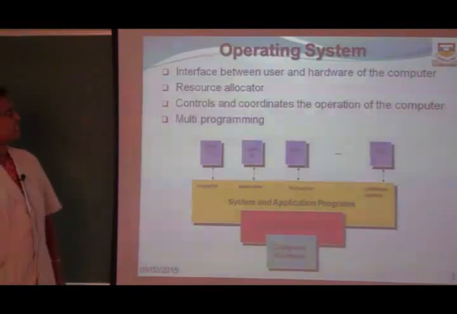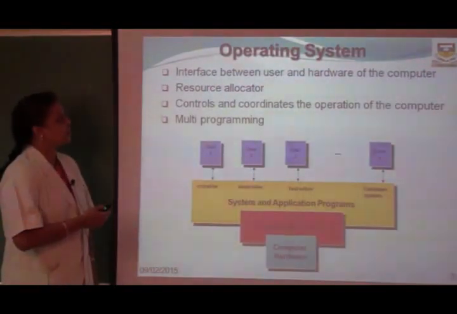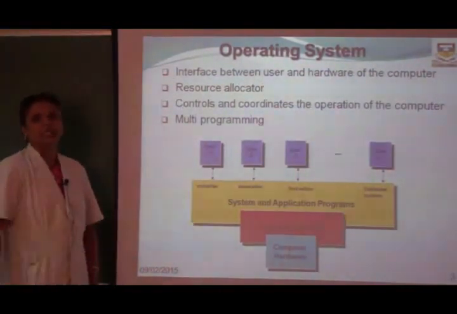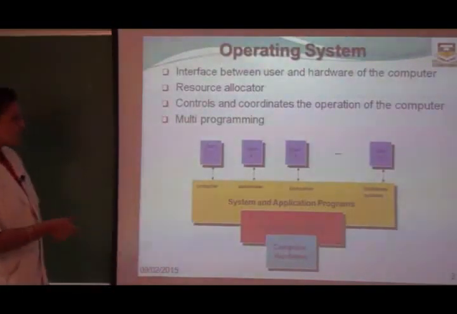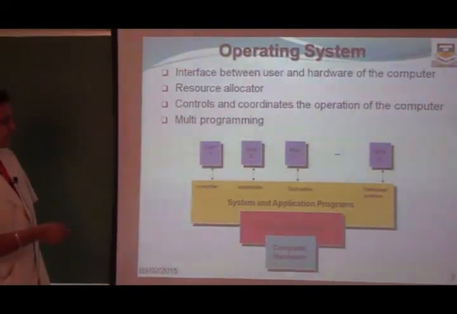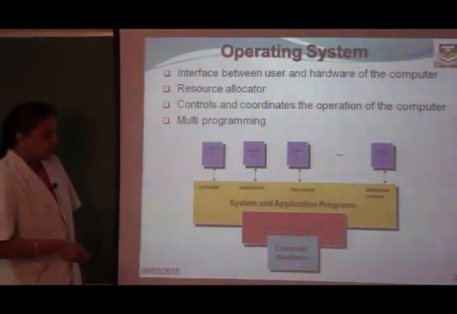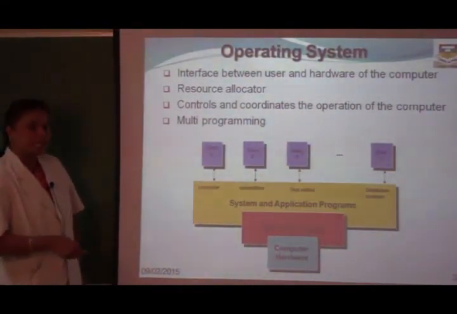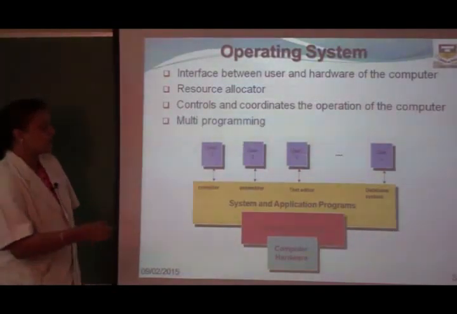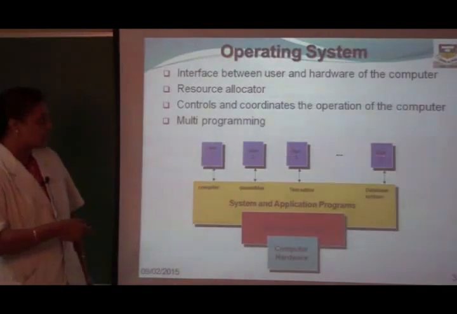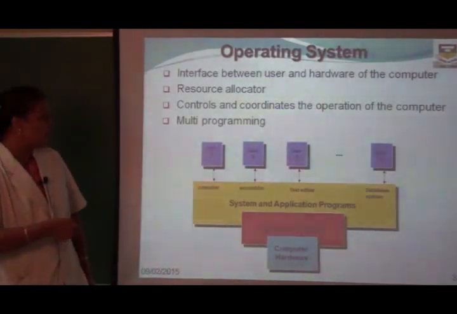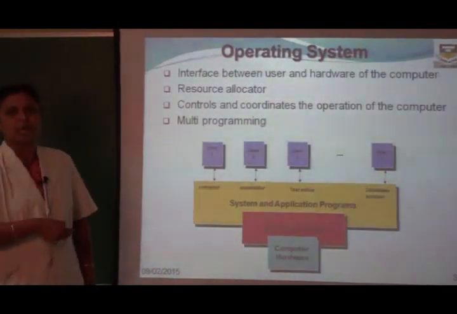So the operating system acts as an interface between the user and the hardware of the computer. This is the structure of the operating system, the structure of a computer. In this structure, computer hardware is available at the lowest level and the user processes are available at the topmost level. All the user processes are executed by using the operating system only.